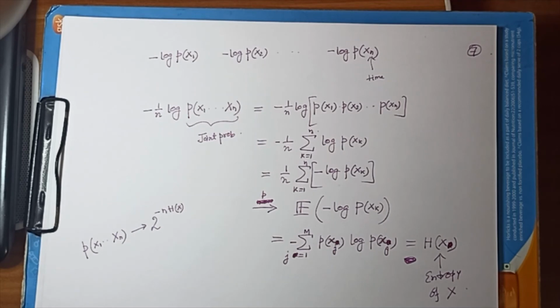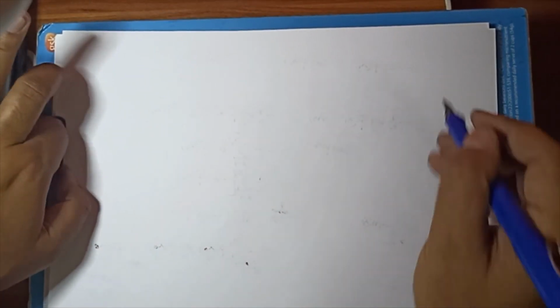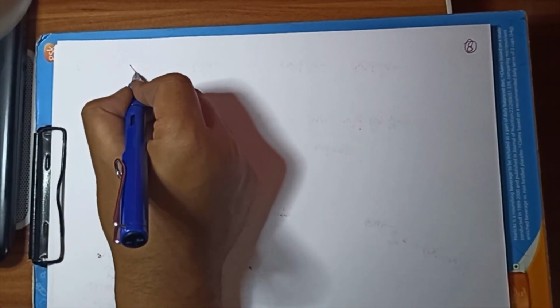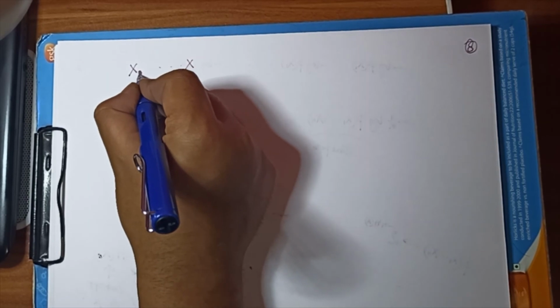So this will give us some clue about how to approach encoding from a different point of view, and it will tell us which sequences are more likely to happen when you take n random variables, and we will define the typical set based on this. So suppose you have the random variable and you take it n different times, from x1 to xn.